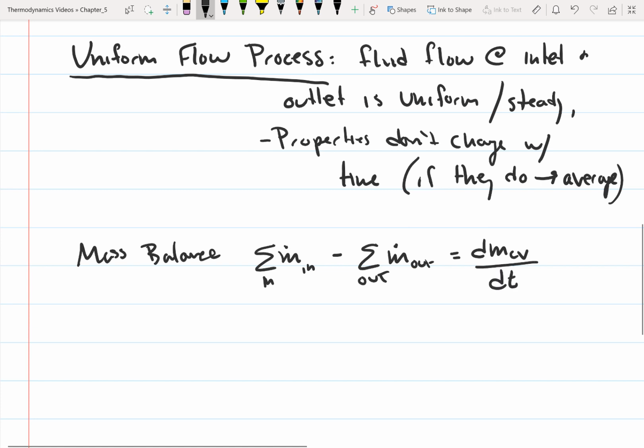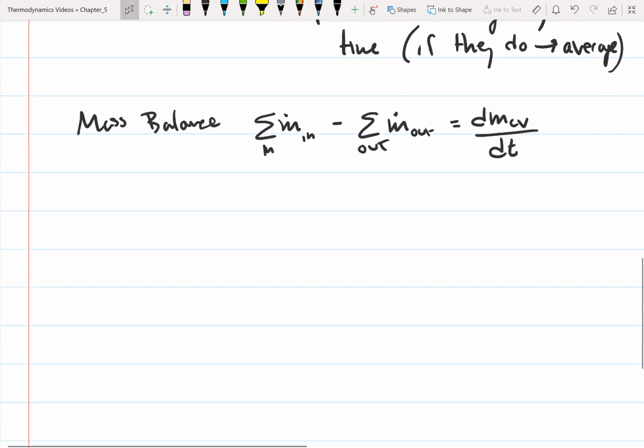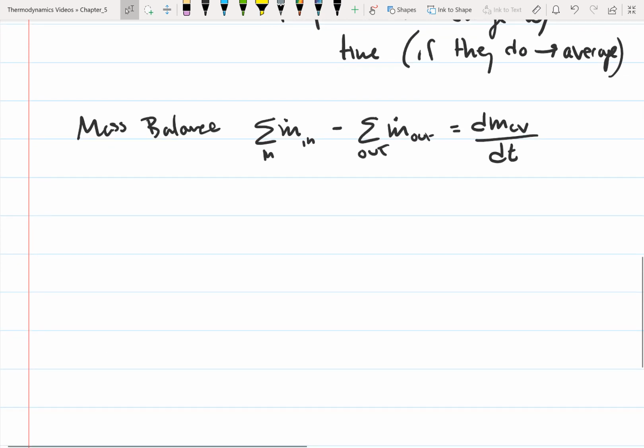And remember, with the steady flow, we assumed that this time derivative was 0 because the mass wasn't changing with time in the control volume. Well, now we can't assume that because the mass is changing with time in the control volume. What we can do is integrate this over time, and if we do that, we get that the mass in minus the sum of the mass out is equal to basically m2 minus m1 in the control volume.